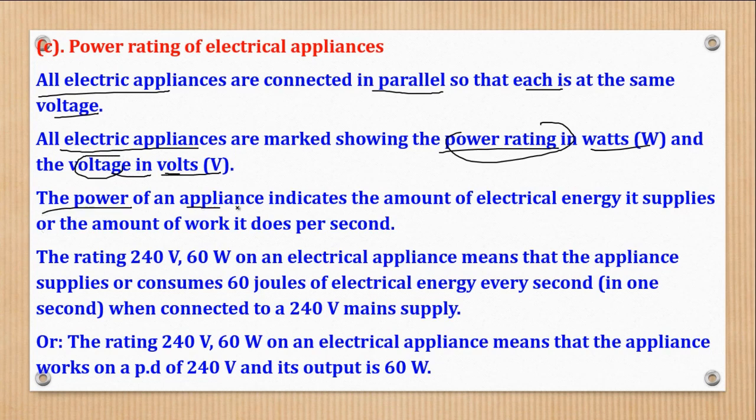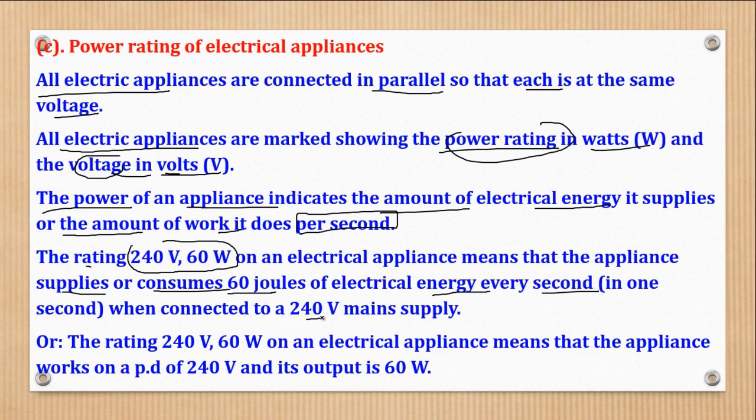The power of an appliance indicates the amount of electrical energy it supplies, or the amount of work it does per second. For example, the rating 240 volt 60 watts on an electrical appliance means that that appliance supplies or consumes 60 joules of electrical energy every second when connected to a 240 volt mains supply.